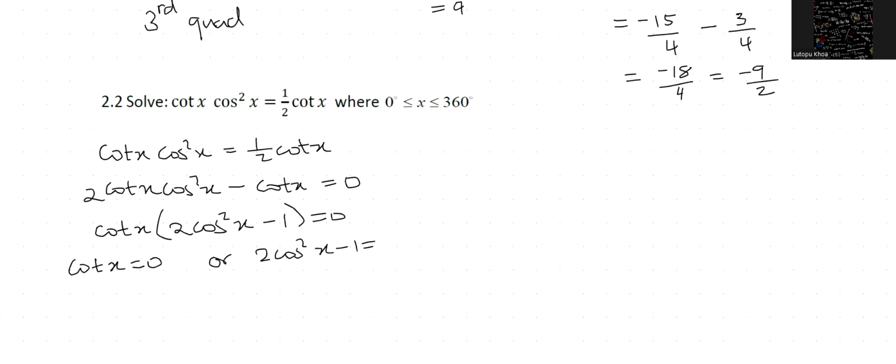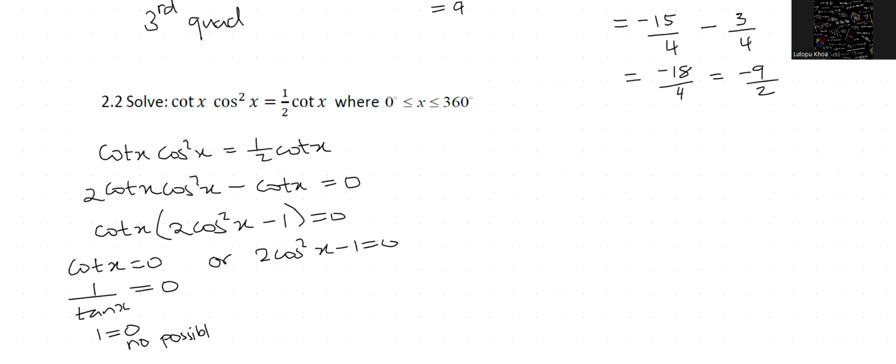So here we have 1 over tan x is equal to 0. And that would mean 1 is equal to 0, which is not possible. Or it'd be better to rewrite it in terms of sine and cos, instead of saying it is not possible, because cot x can be negative, can be 0 actually.